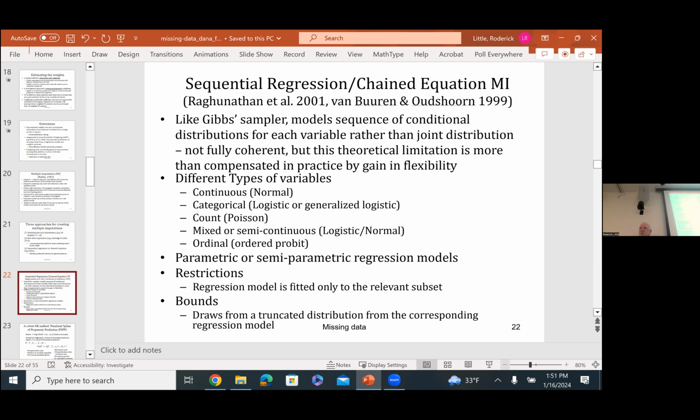It's a very flexible method. The only thing is it's not theoretically clear what it's doing, since this sequence of conditional distributions doesn't necessarily correspond to a joint distribution. So that's a bit of a theoretical drawback. On the other hand, from a practical point of view, we have difficulty finding multivariate distributions that deal with all these different types of variables.